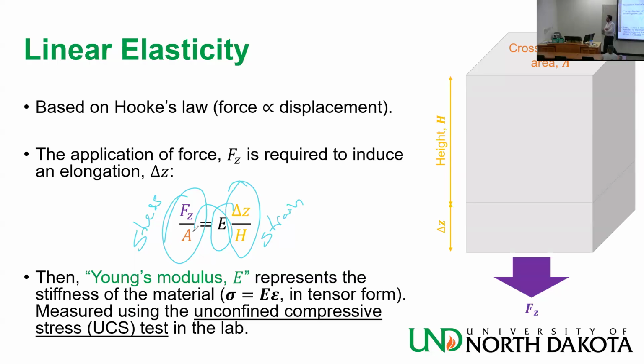So what do you expect to have a bigger E, wood or steel? Steel. Steel is metal, right? I don't know off the top of my head the value for wood, but I think it's smaller.